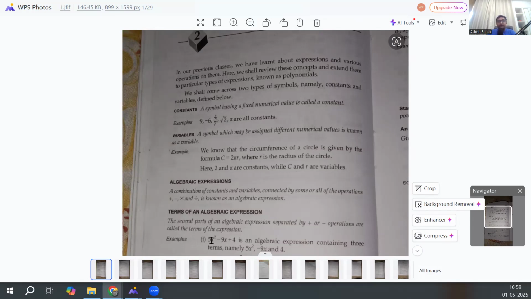What are the variable terms? x squared and x, these two variable terms. And they are separated by plus or minus. So this becomes an algebraic expression. Hope up to this it is clear to you. If so, I will proceed to the next part.